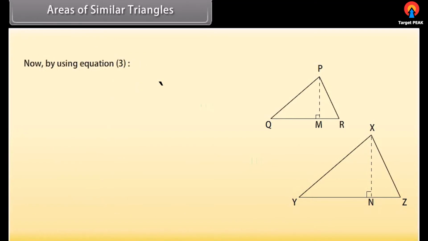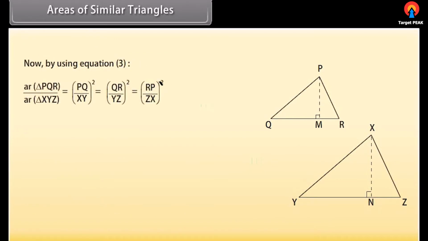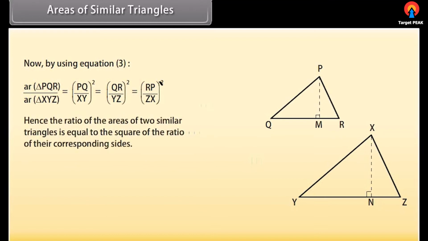Now by using equation 3 we get area of triangle PQR upon area of triangle XYZ equals PQ upon XY whole square, which is equal to QR upon YZ whole square, which is equal to RP upon ZX whole square. Hence, the ratio of the areas of two similar triangles is equal to the square of the ratio of their corresponding sides.